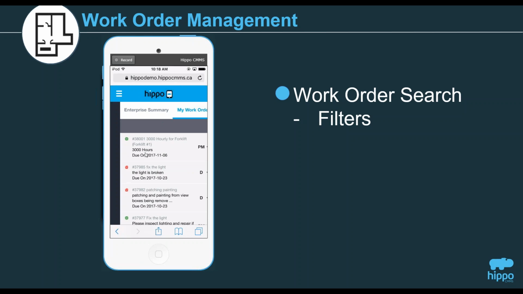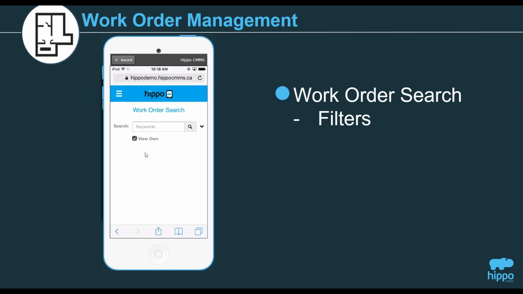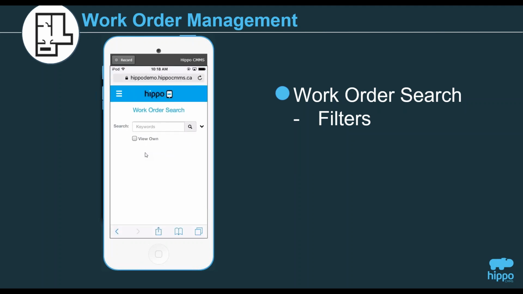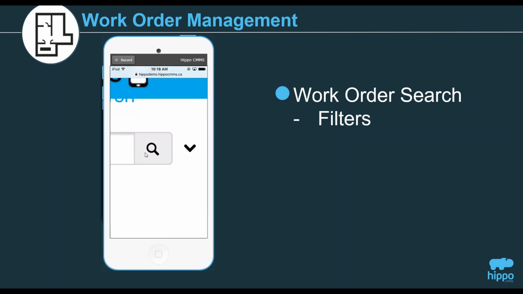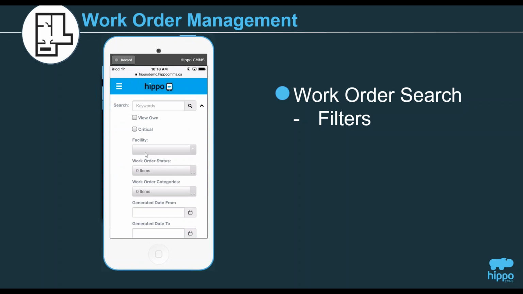So we'll click the menu button in the top left corner, click on work order search. I'm going to deselect view own, and then I can make use of the drop down arrow to pull up additional filters to search for that work order. Okay. So I can look by facility, work order status.